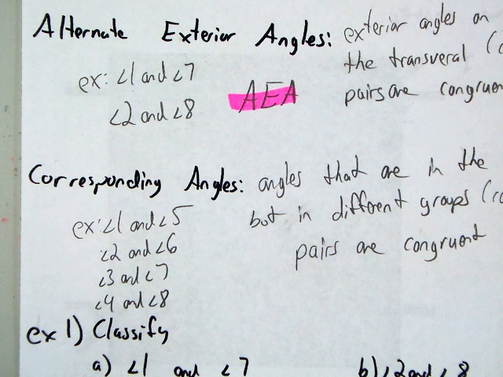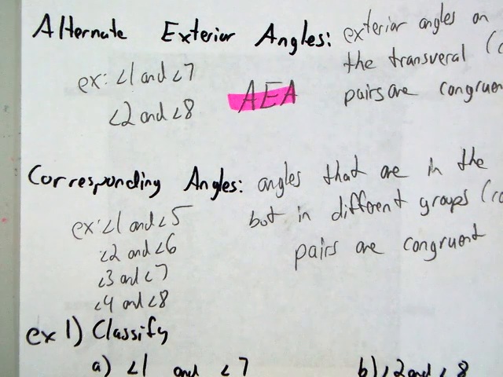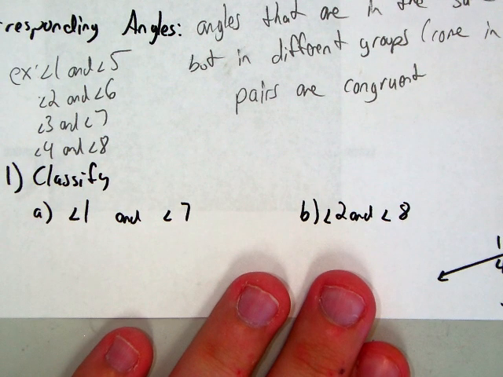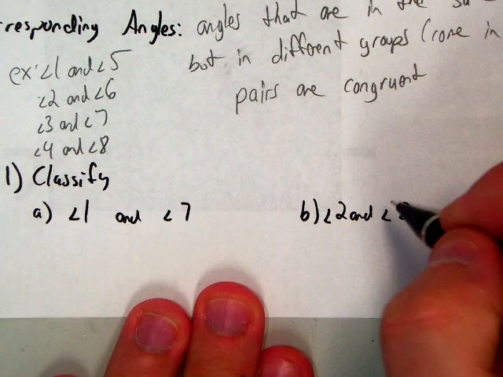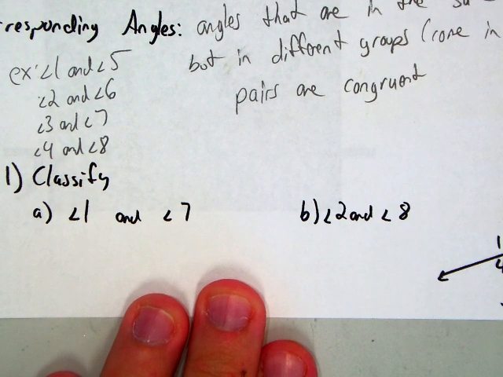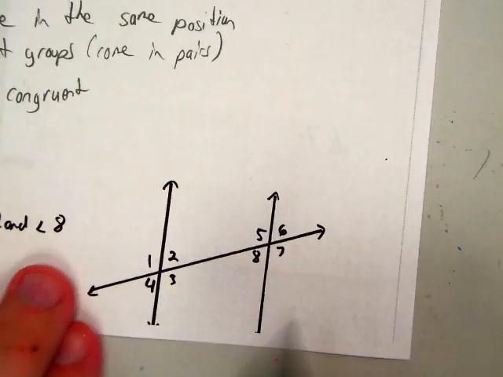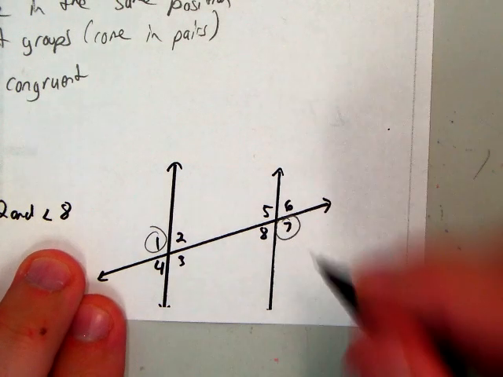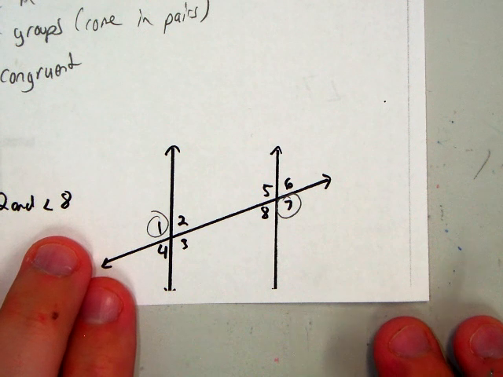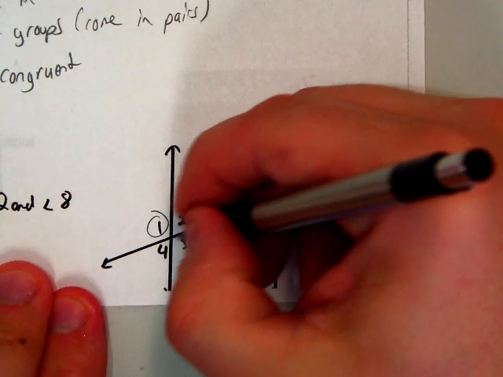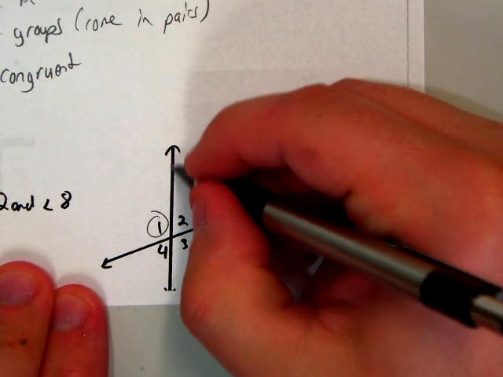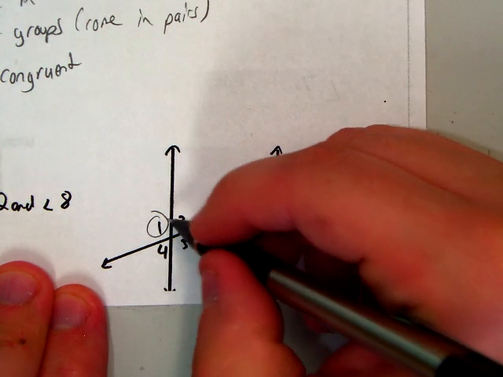And those angles we learned about in 7th grade, but we're going to review them quickly here. All right, so example 1, classify these two pairs of angles. So with A, that's 1 and 7. Here's the transversal. Here are the two parallel lines.